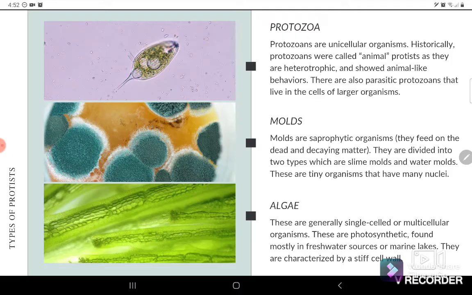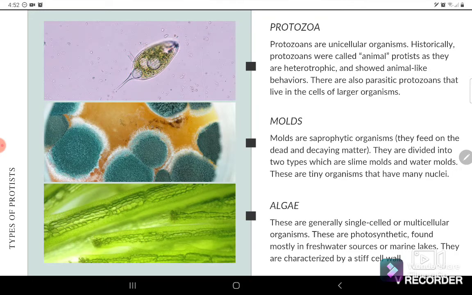Some may have the characteristics of animals, being heterotrophic, or feeding themselves with other microorganisms. And some are like fungi, because they eat decaying matter. But the other characteristics, they do not satisfy the other cell types. So that is why they are under the Protist cells.